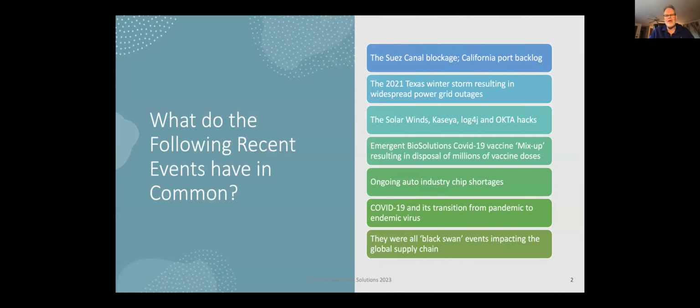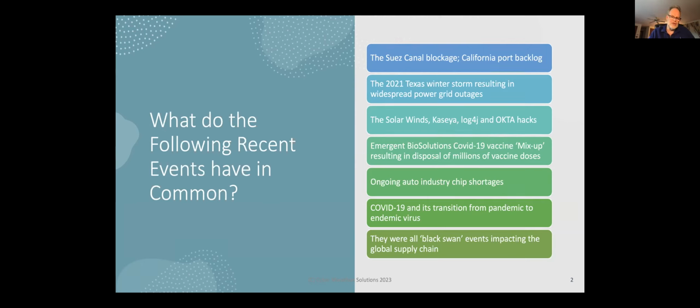So, what do the following recent events have in common? We had the situation where a ship became stuck in the Suez Canal and no other ships could transit the canal. We've had the California port issues with unloading ships. In 2021, we had a winter storm in Texas, which took out the power grid.